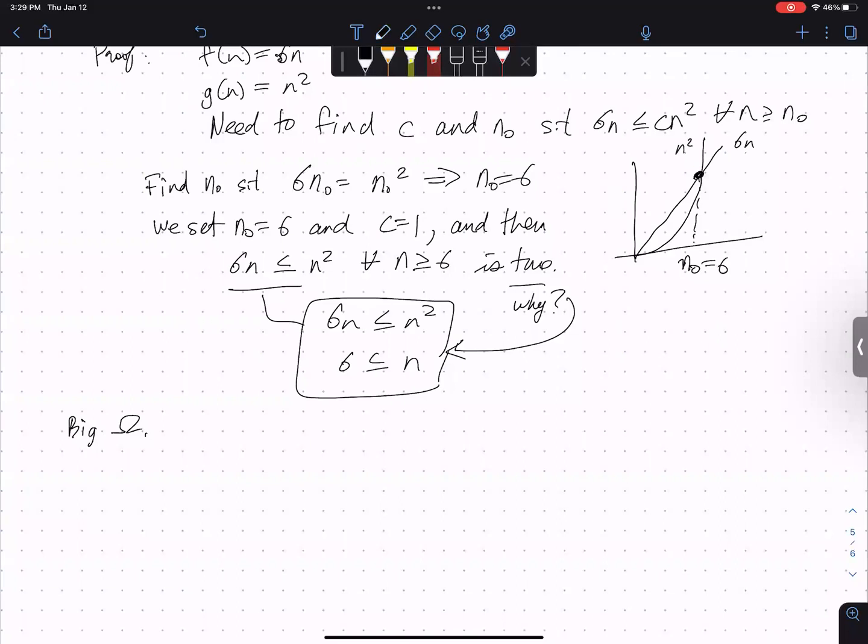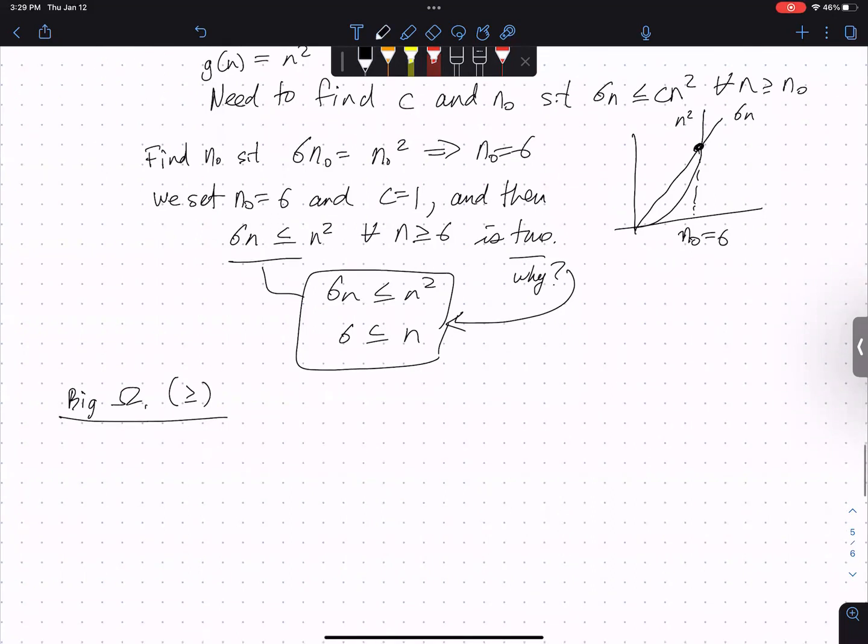So how do we define big omega? Let's go back to the intuition of greater or equal to. If we're talking about just regular numbers, I can say A is greater or equal to B if and only if B is less than or equal to A. We all agree on this.